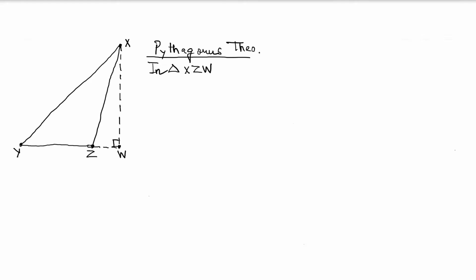So can I say XZW is a right angled triangle? That is correct. And why are we able to say this? Because the angle XWZ is equal to 90 degrees and the remaining two angles, which are angle Z and angle X, lying inside XZW, would be acute angles.